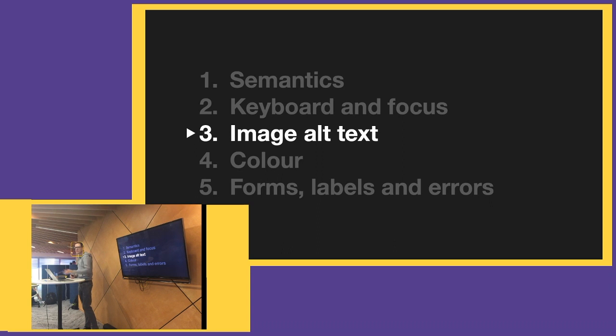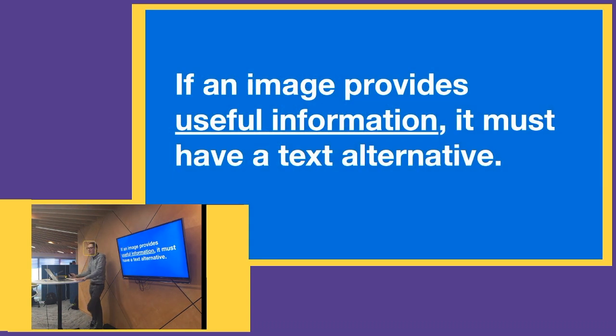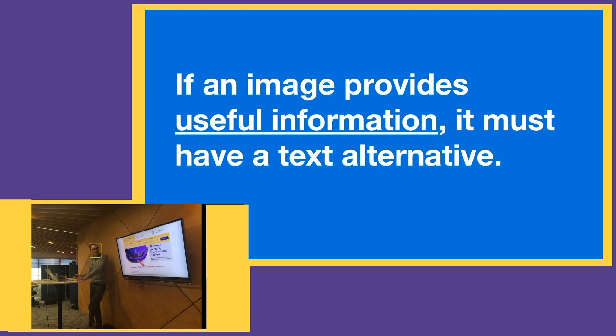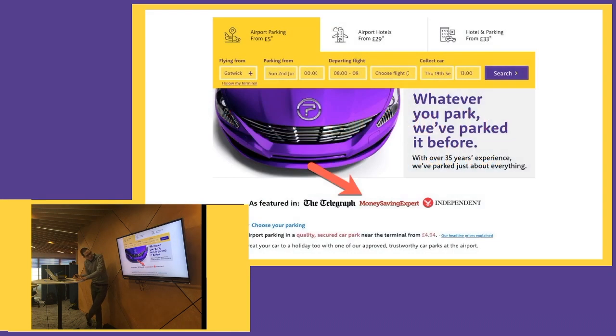Image alt text, 2 rules that I want you to bear in mind. If an image provides information, it needs to have a text alternative that gives you the same information. Example from our site here on a parking page, I believe. There's this image towards the bottom here. It says, as featured in The Telegraph, Money Saving Expert and The Independent. That's one skinny image along the page there.